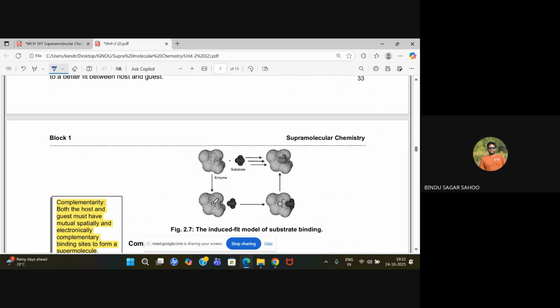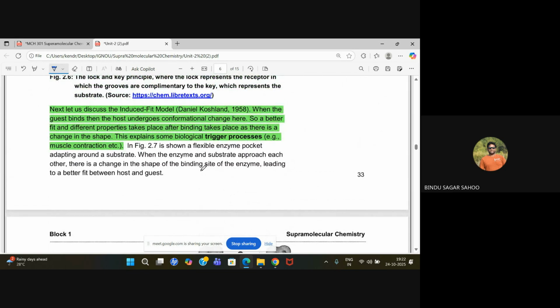Here they increase the cavity size after the interaction, and then the substrate can fit into it. This is called induced fit. That means the substrate makes some cavity size change in the host molecule. That's why this is called the induced fit model.